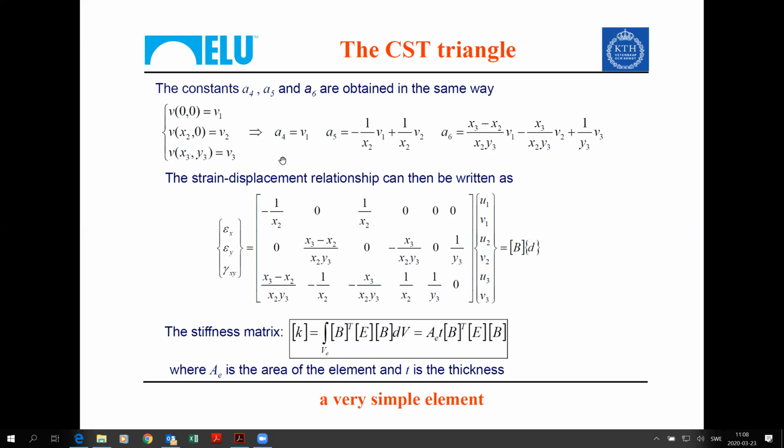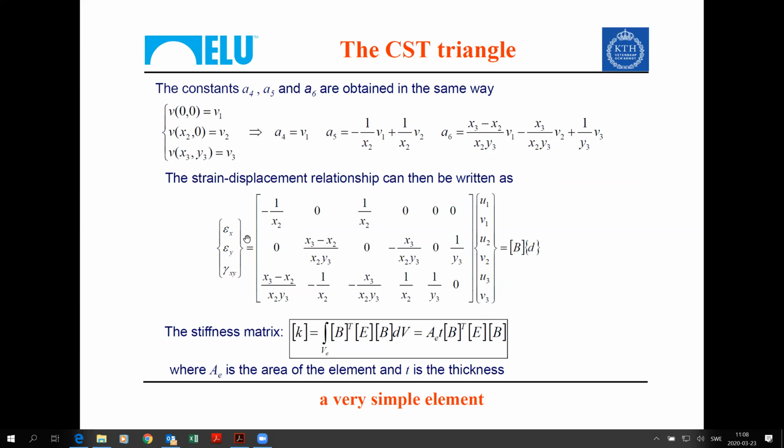So we simply replace this expression in epsilon x, epsilon y, gamma xy, and we get our B matrix, which multiplied by the values of the nodal displacement will give us epsilon x, epsilon y, gamma xy.